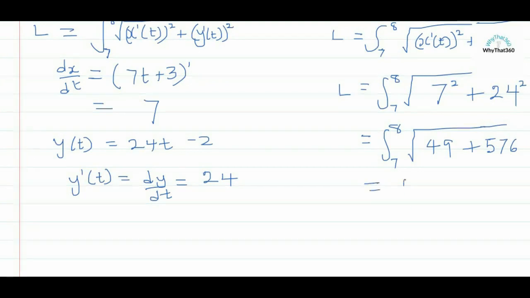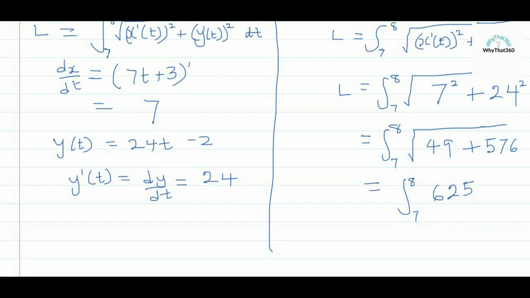Continue, we get that integral from 7 to 8. We sum those two up, which is 49 plus 576, and that will be equal to 625. And keep in mind that since this is a function of t, if we integrate, we are integrating with respect to t.